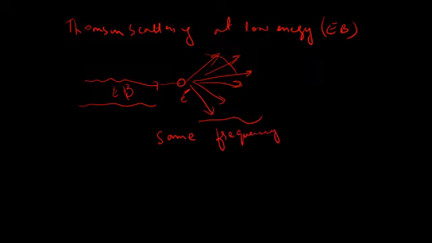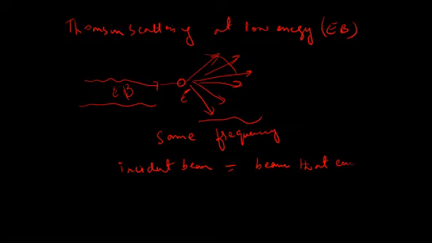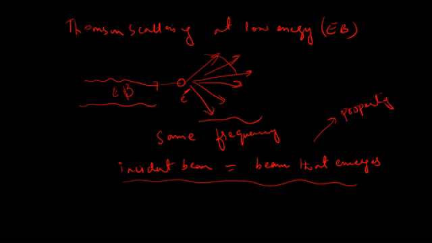So the energy of the incident beam equals that of the beam that emerges. Both have the same frequency or same energy when we use low energy electromagnetic radiation. This is the property of Thomson scattering.